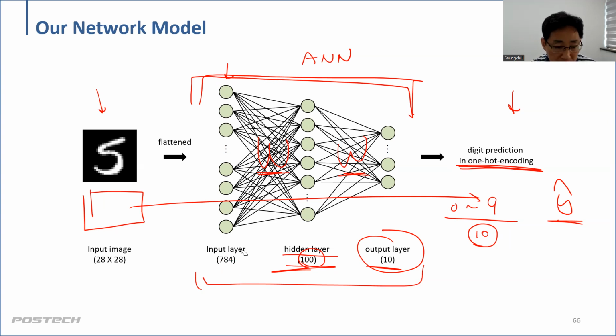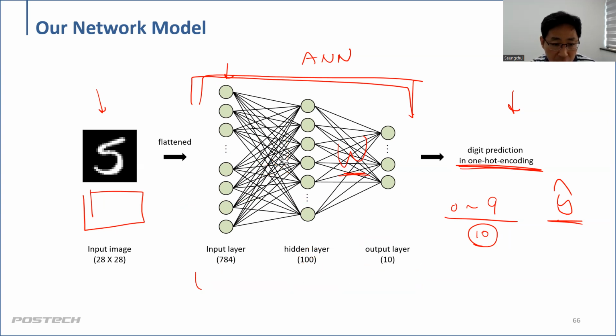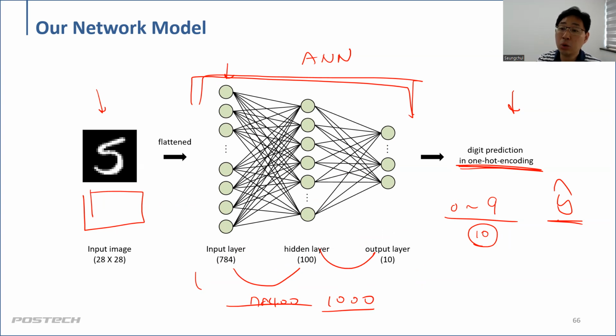For this specific structure, we counted how many omegas there are. I did not include the bias. With bias, we have 100 biases plus 10. Those are the total number of unknowns, or decision variables.